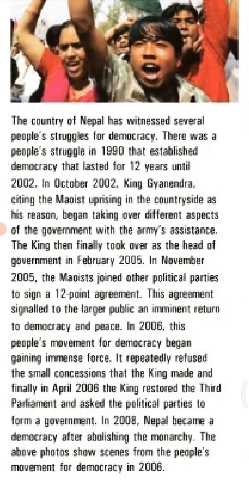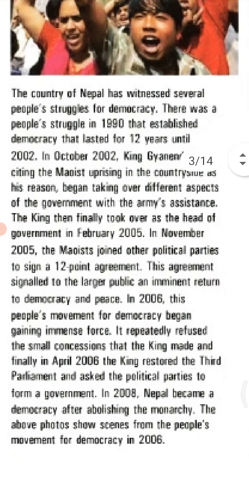The king then finally took over as the head of the government in February 2005. In November 2005, the Maoists joined other political parties to sign a 12-point agreement. This agreement signaled to the larger public an imminent return to democracy and peace.